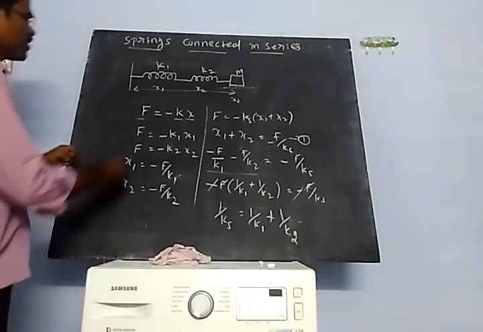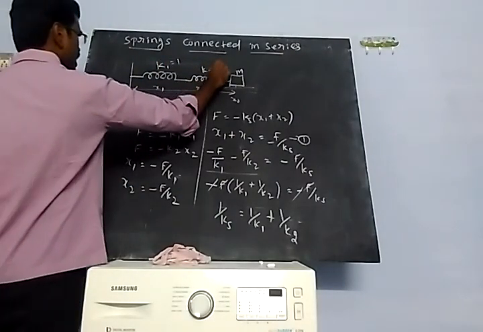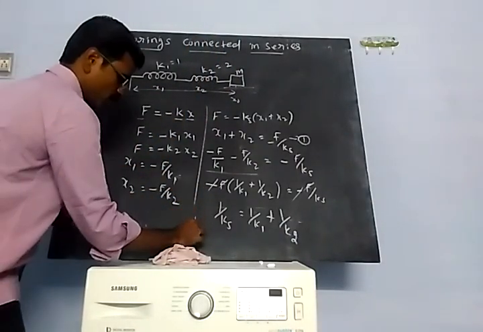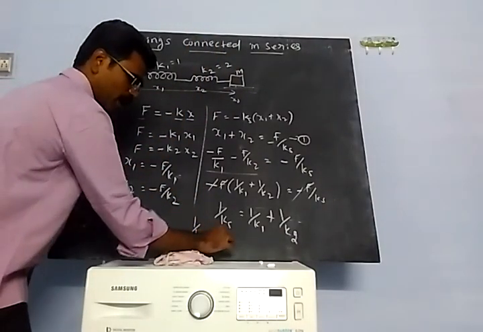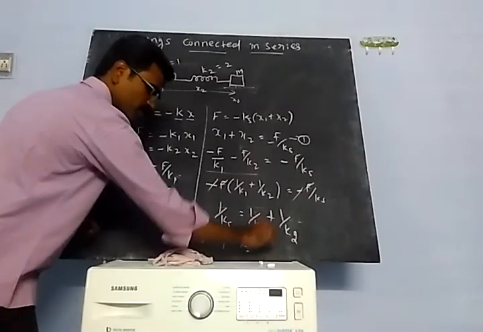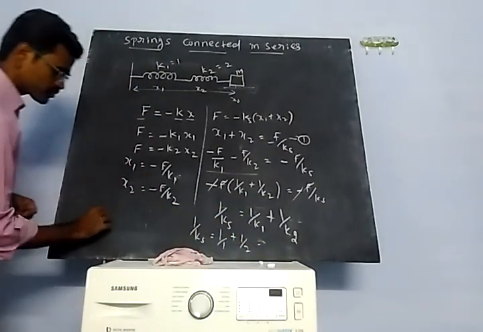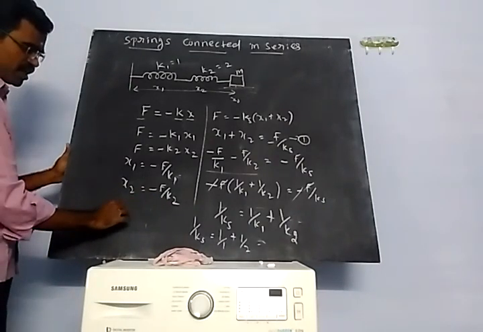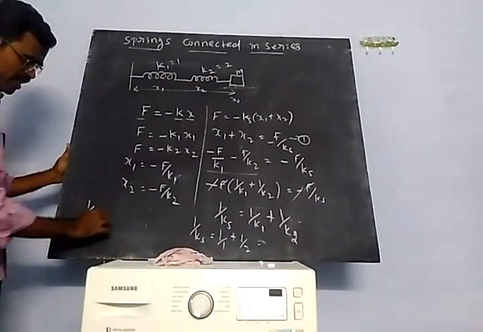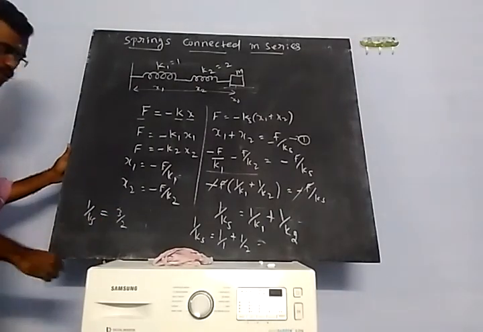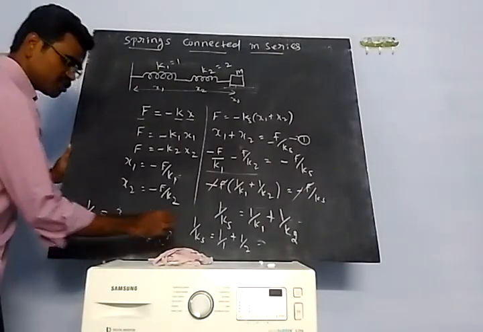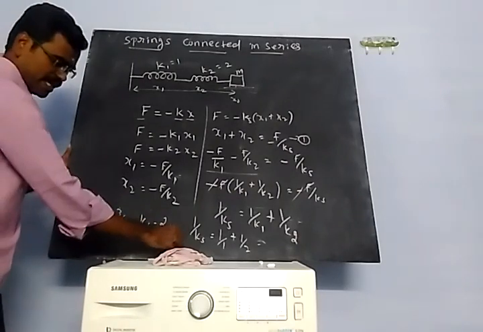For example, k1 is equal to 1 and k2 is equal to 2. Okay, so you can substitute that. 1 by ks equal to 1 by 1 plus 1 by 2, that's equal to 3 by 2. So 1 by ks equal to 3 by 2, then ks equal to 2 by 3, that value 0.666.